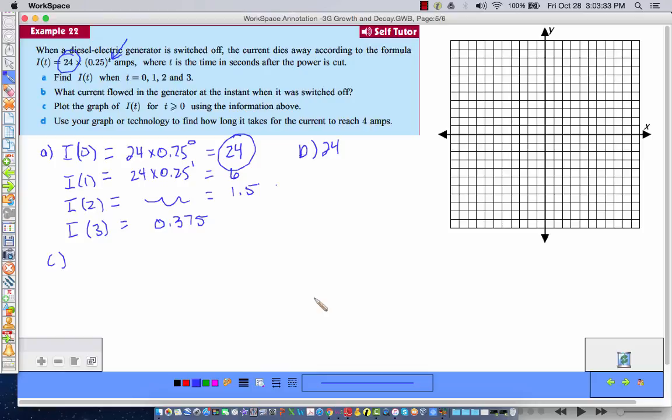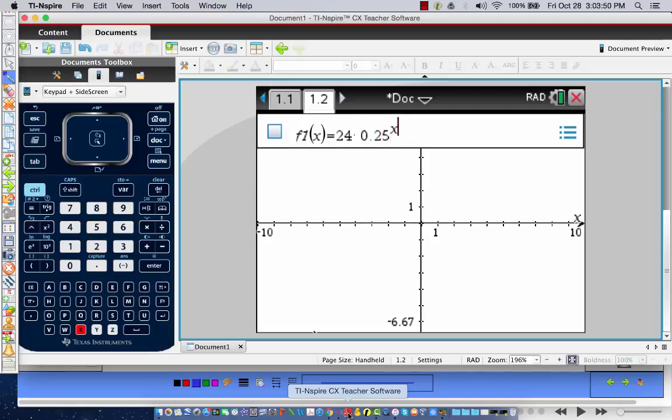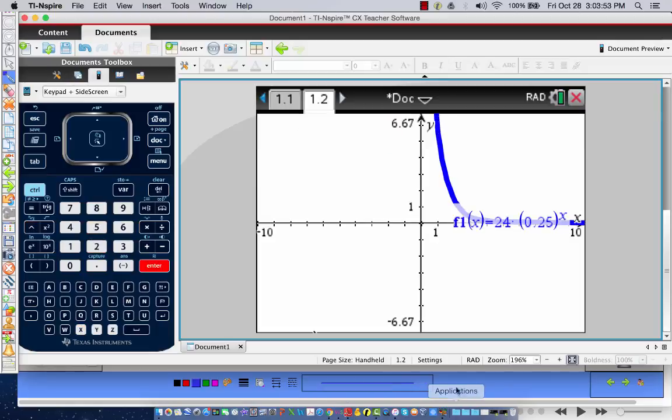Okay, well, let's go ahead and just graph it on our graphing calculator. Okay, so the original function is I sub 0 equals 24 times 0.25 to the t, but we have to use x. Okay, and there we have it.